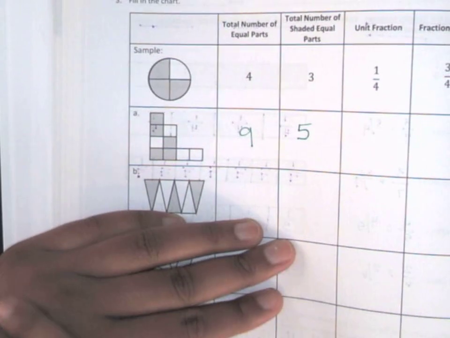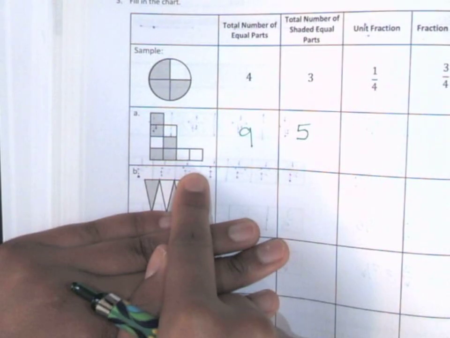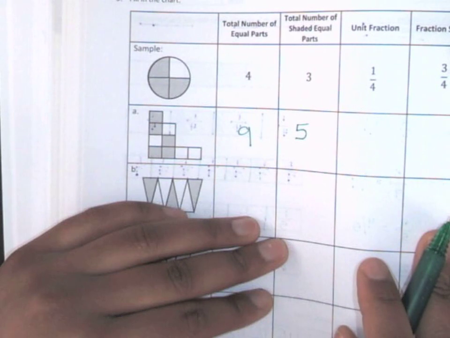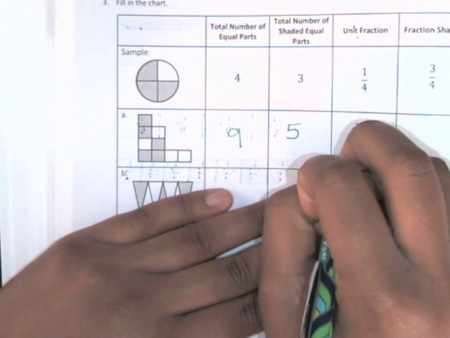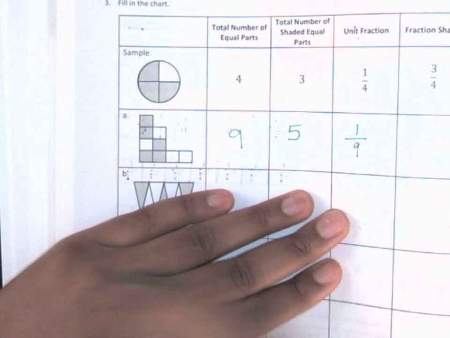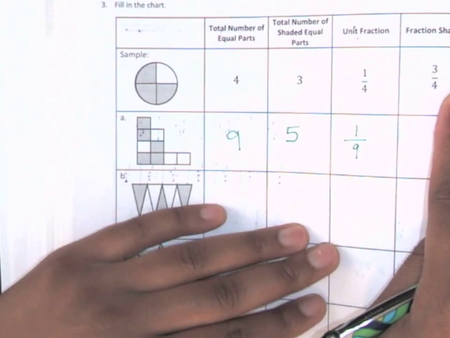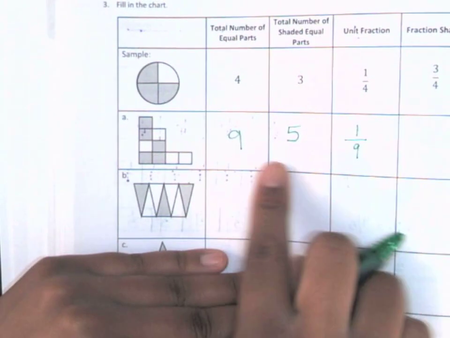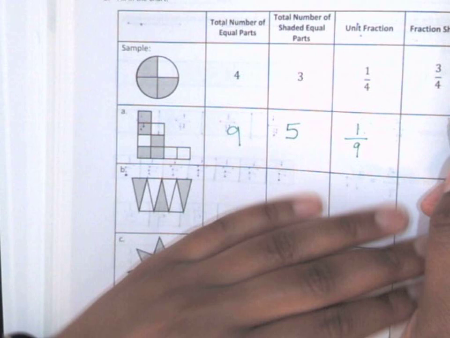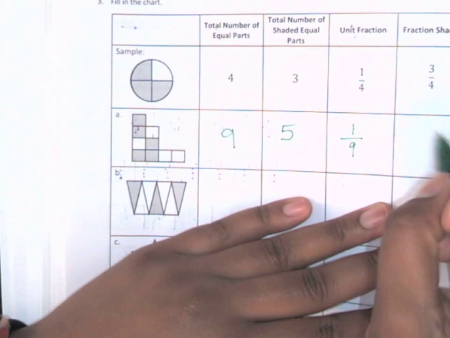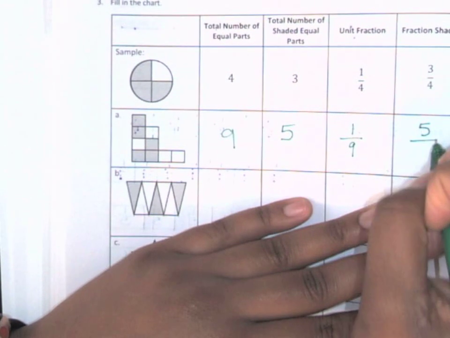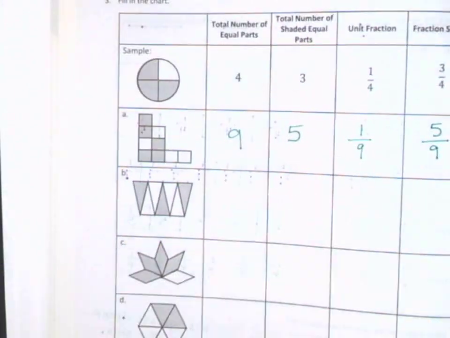Okay. What's the unit fraction? So one of these would be what? How would that fraction look? It would be 1/9. In our fraction shaded, how many parts are shaded? 5. So that fraction would look like 5/9. Okay.